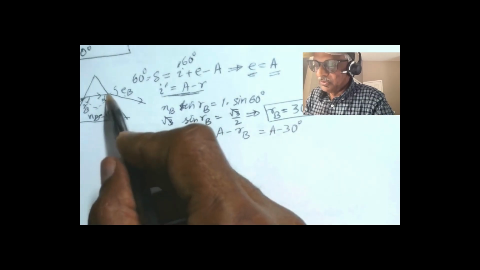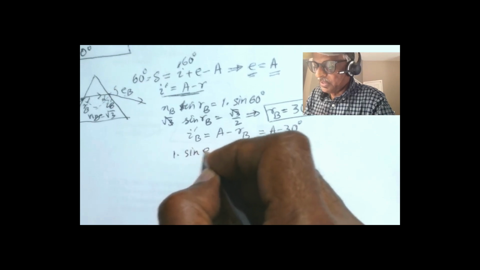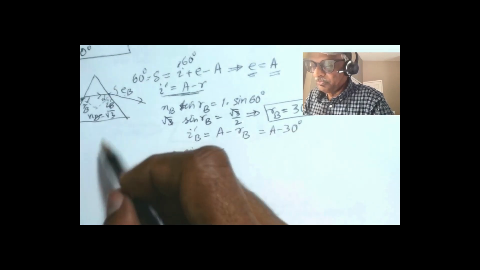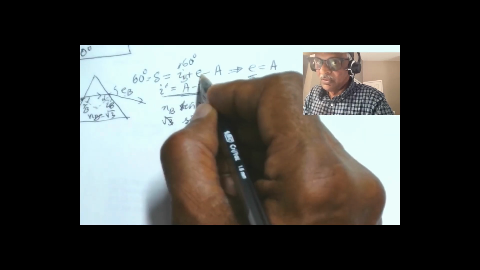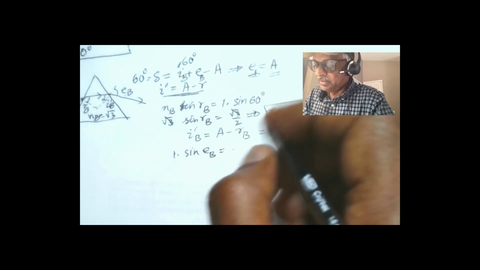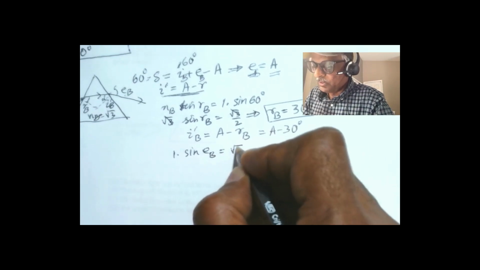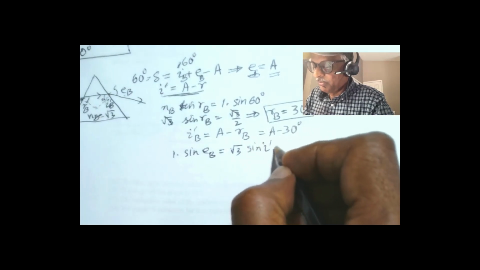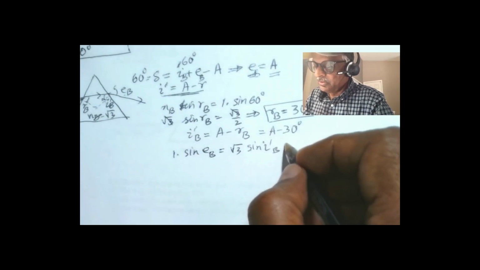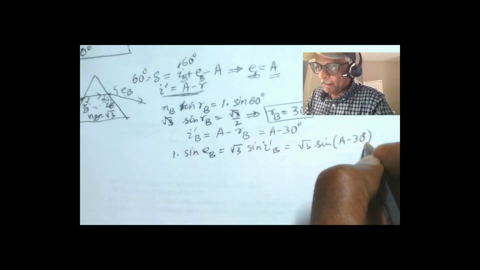And then over here, 1 times sine of EB is equal to, these are all B's here, sine EB is square root of 3 times sine I prime B, so it's square root of 3 sine of A minus 30 degrees.